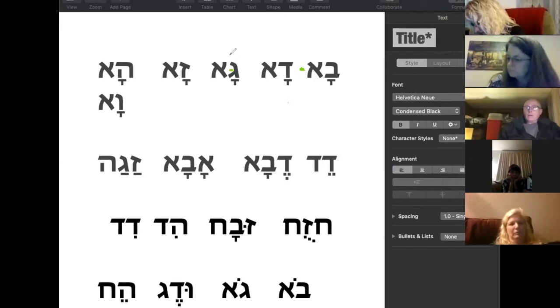If I make a dot here, what is this sound? If this is a gimel and there's a dot right there, what is it? Goo. That's right. Do you see that? Yeah, now I see it. Okay, good. So that's going to be for any vowel like that in the middle of a word or after the letter. Got it. All right.